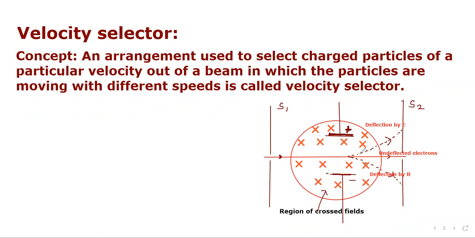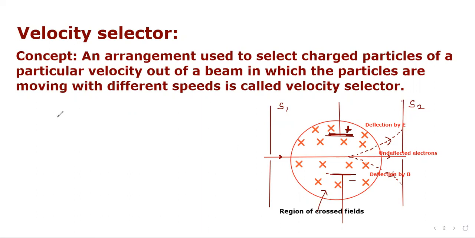Due to the electric field, this beam will be deflected in this direction, and due to the magnetic field, this beam will be deflected in this direction. Certain electrons will pass undeflected. They will go straight, and for that purpose, the force due to the electric field and the force due to the magnetic field must be the same.